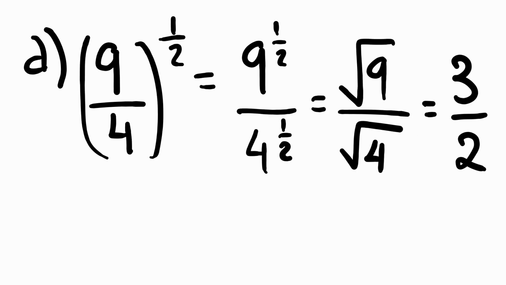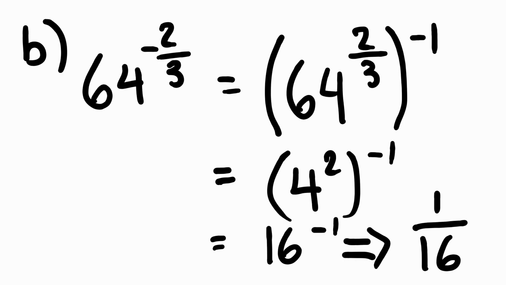Okay, so for part A, if you remember our rule about fractions here and powers on the outside, so we do square root of 9 and square root of 4 to get 3 and 2. What we're going to do first is we're going to take this minus out first. And we're just going to focus on this 2 over 3. And if you remember, we do the root first before we do the power.